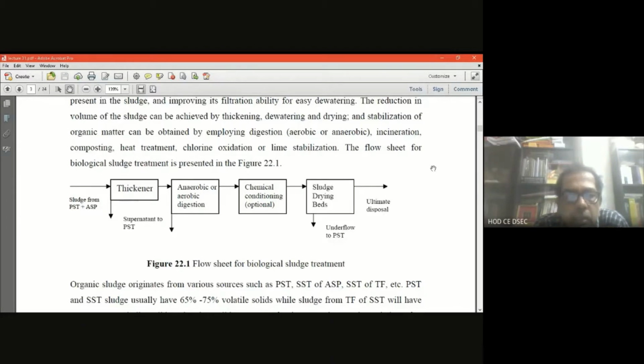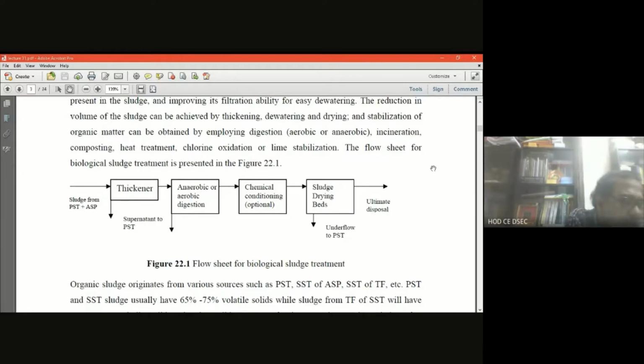Now today's lecture will mostly cover numerical sums, that is the design part of the digester, and the sludge digestion process related numerical problems, which we will discuss and solve.